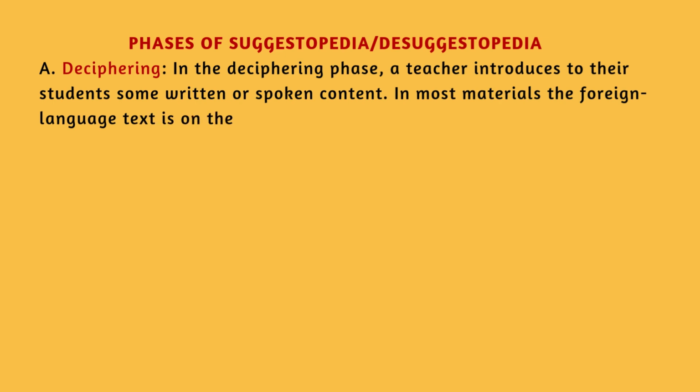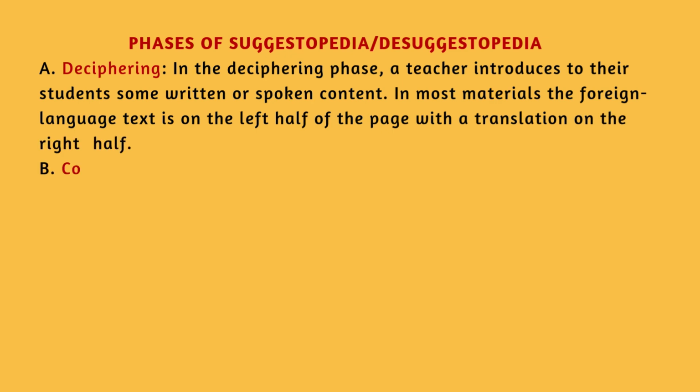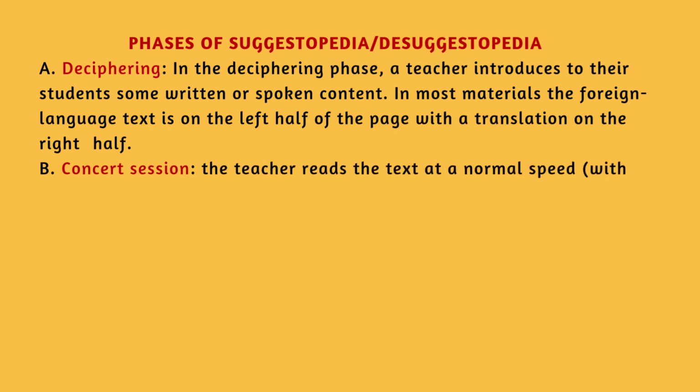And if the material is a bilingual material, you can find that most of the time, the foreign language text is found on the left half of the page, while a translation is presented on the right hand. Now, in this stage, the teacher presents the story or reads the story or presents the material which will be discussed or utilized in the lesson.